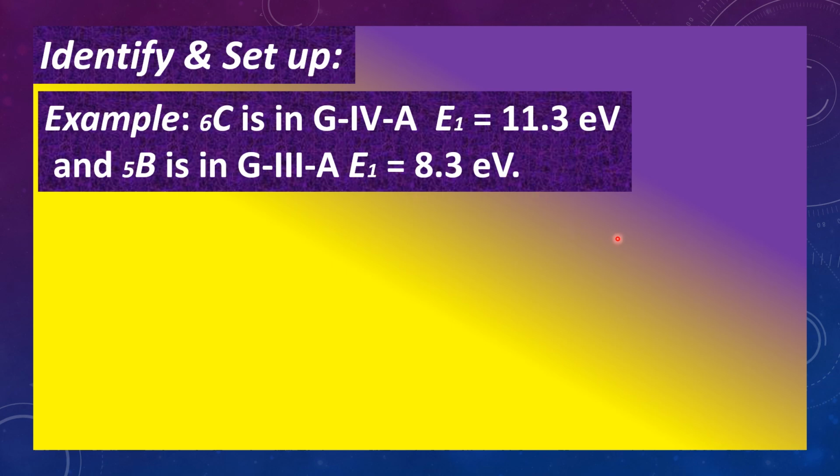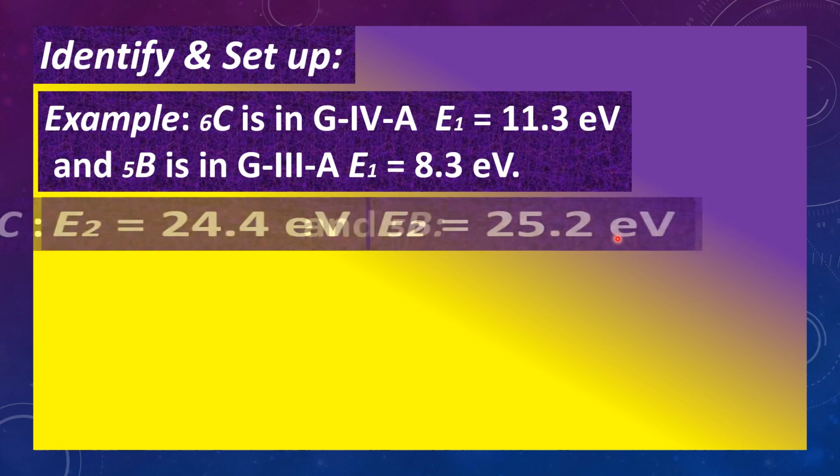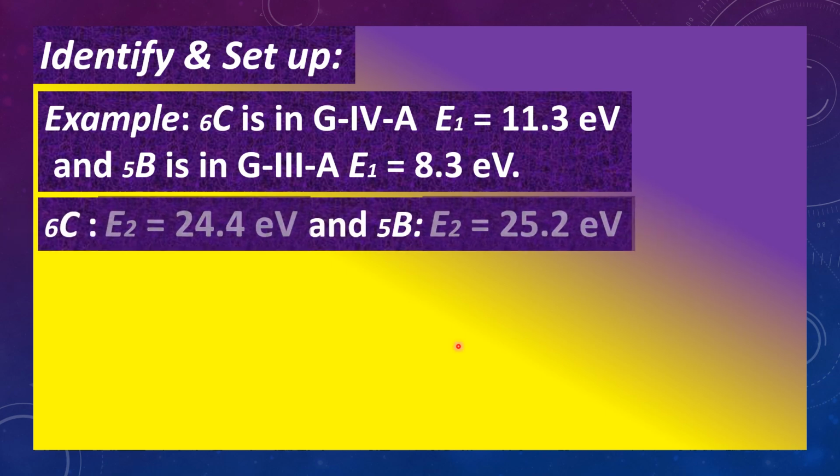But if we check the second ionization energy for each element, carbon has 24.4 electron volts as its second ionization energy, while boron has 25.2 electron volts. So obviously, that of boron is greater, right?